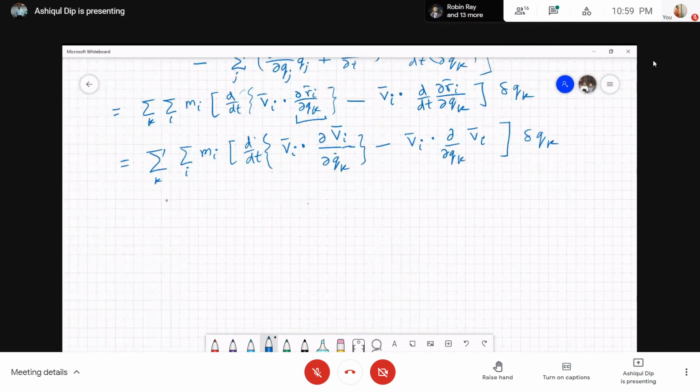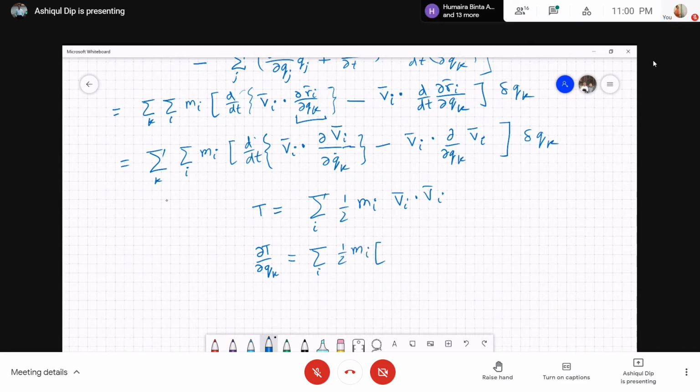Now we know that the total kinetic energy of the system, T, is the sum over each particle of half m_i v_i squared, so I can write it as v_i dot v_i, summed over i. So what is ∂T/∂q_k, for example? That is the sum over i of half m_i, then use the product rule.